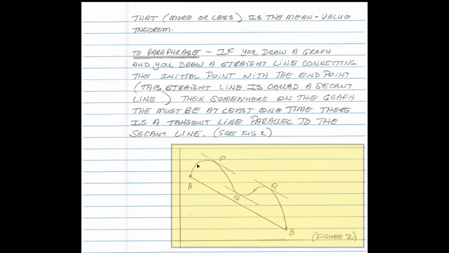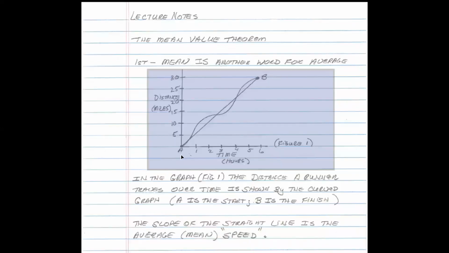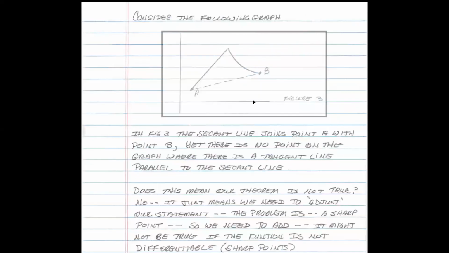Well, that wouldn't interfere with my finding the tangent line, because the sharp point is not where the tangent lines would be. Just because you see a sharp point doesn't mean you can't find a tangent line. But if you have a sharp point, we cannot guarantee that you're going to be able to find a tangent line. That's all we're saying there.